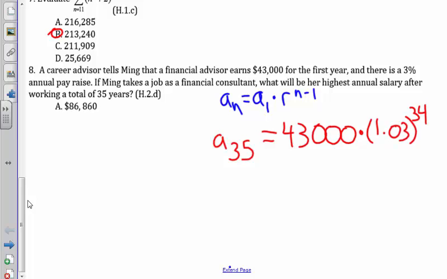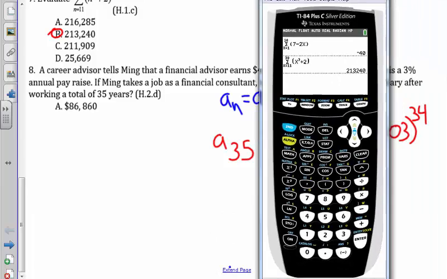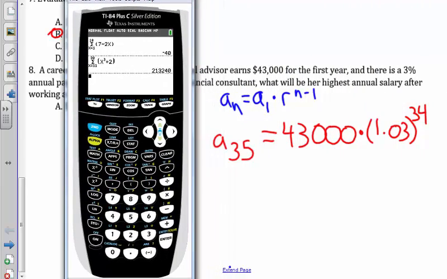Now we can just refer back to our calculator again and see what we get. So I'm going to type that in: 43,000 times 1.03 to the 34th power.